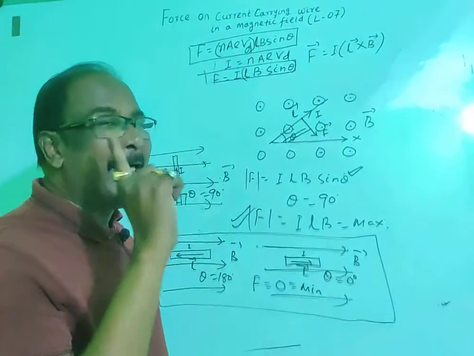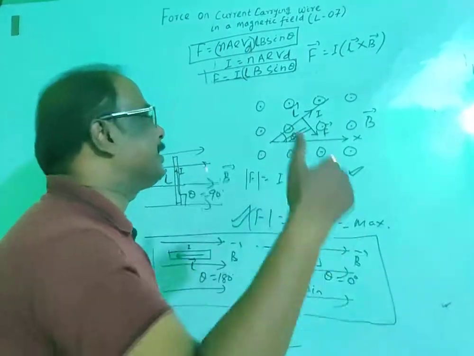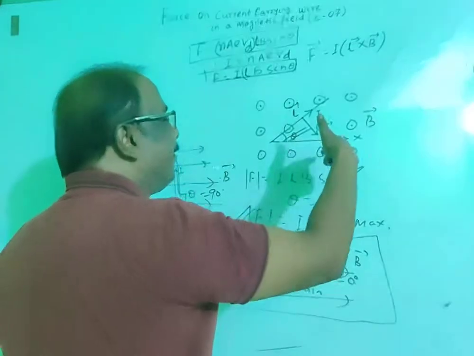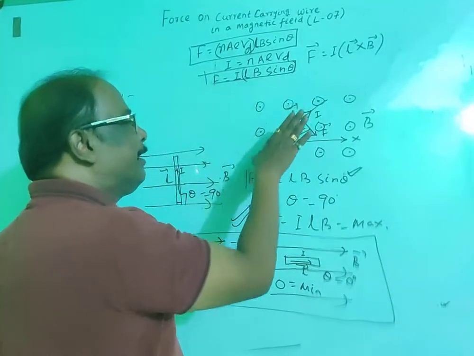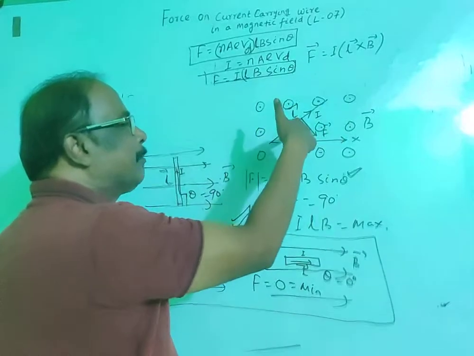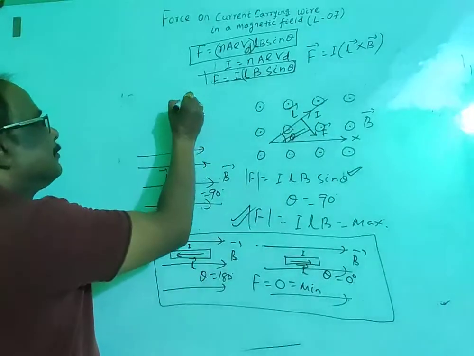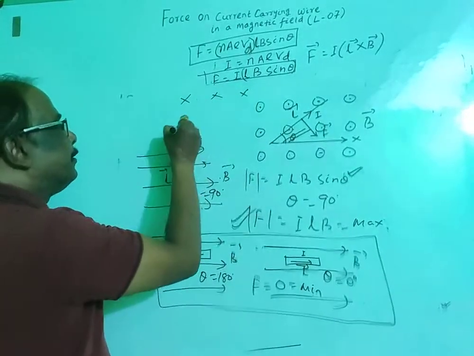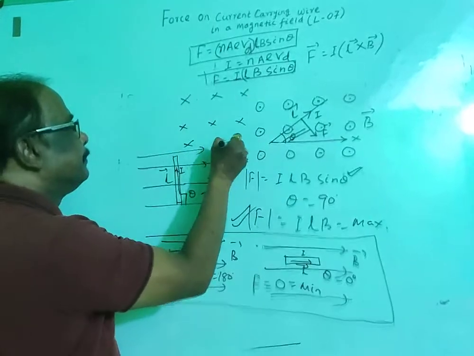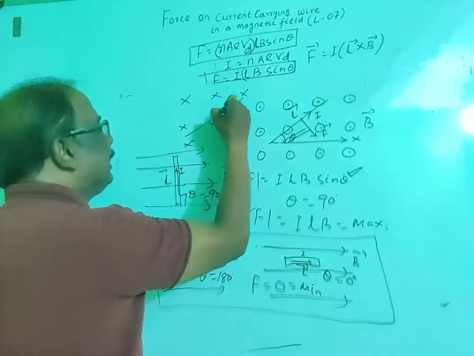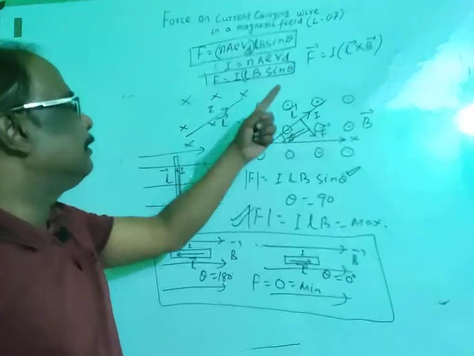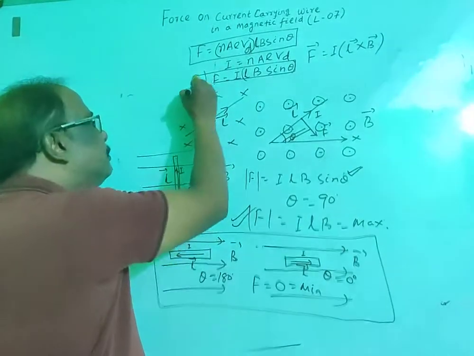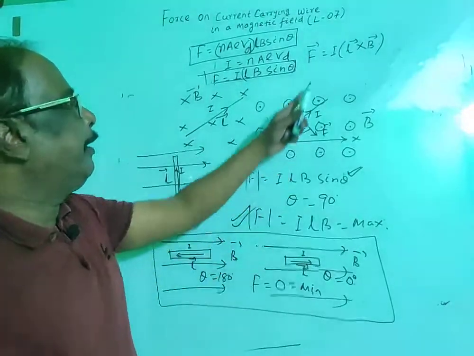If the field were a dot field, meaning if the magnetic field were inwards, then this is length, magnetic field inward. Suppose you are taking a cross field. This is the current carrying conductor, current is I, the direction of length is along the direction of flow of current, and this is B. Then how to find the direction of force?